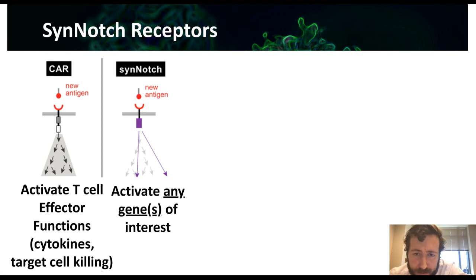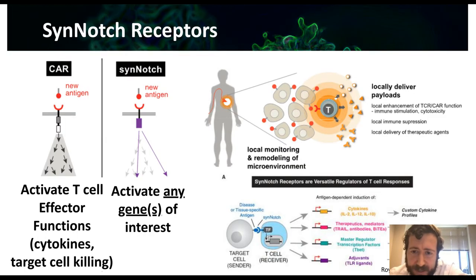So it's a much more programmable kind of designer gene response that they can make. The cool thing about this is that you can engineer T cells that would locally deliver a specific payload instead of simply focusing on killing the tumor cells.